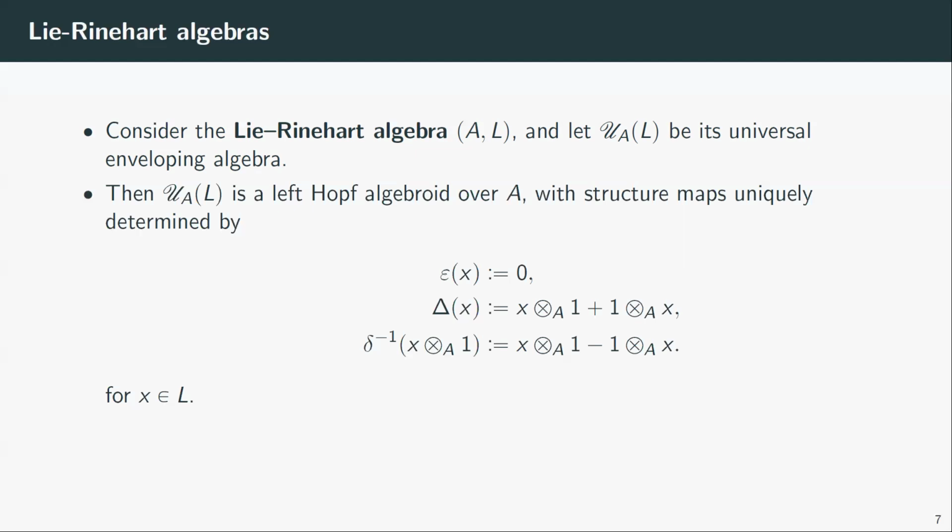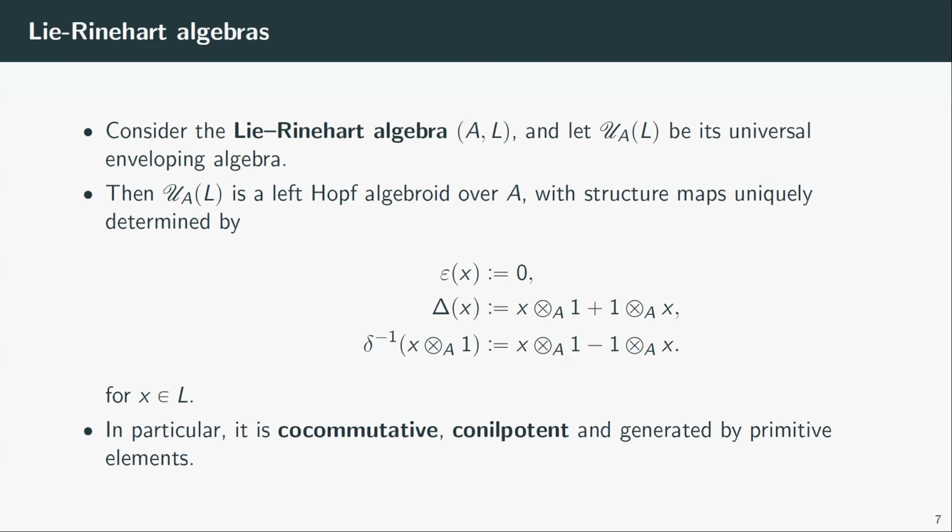As I said before, there is not necessarily an antipode, but the Galois map is always invertible. And in particular, this Hopf algebroid is co-commutative, and it is co-nilpotent and generated by primitive elements.